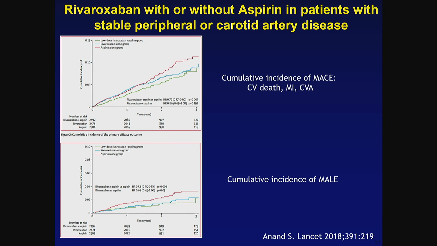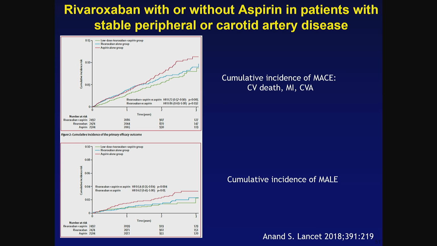The low-dose rivaroxaban and aspirin group experienced a reduction in both the major adverse cardiac events and the major adverse limb events when compared to patients treated with aspirin alone. There was an uptick in major bleeding, which was not fatal or critical.